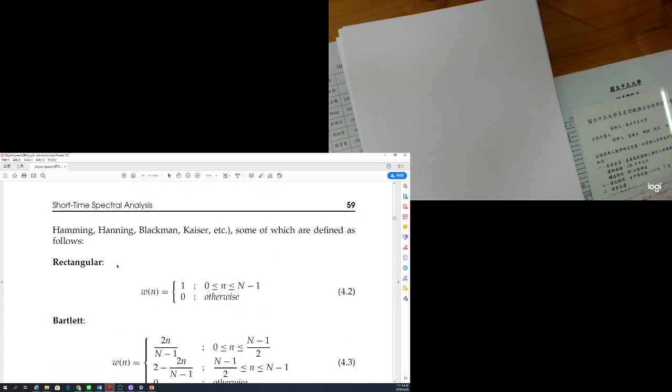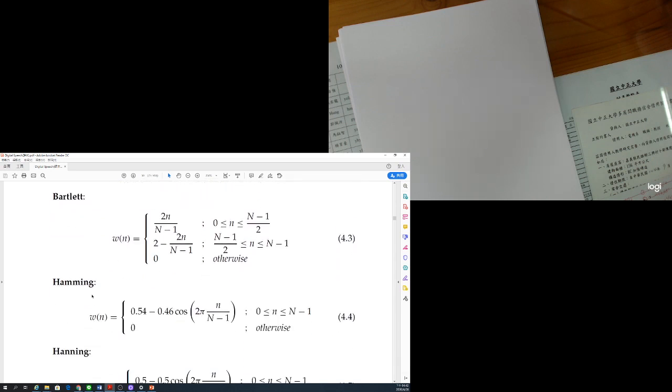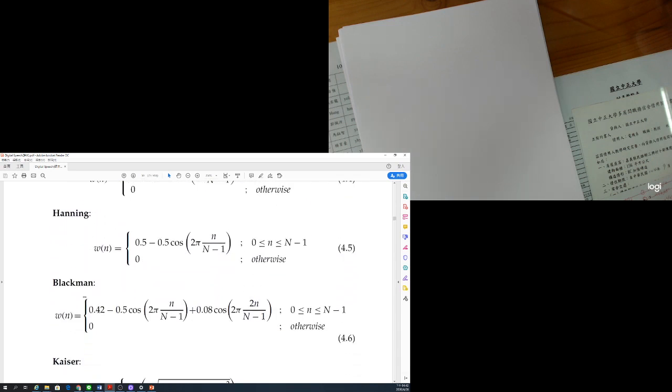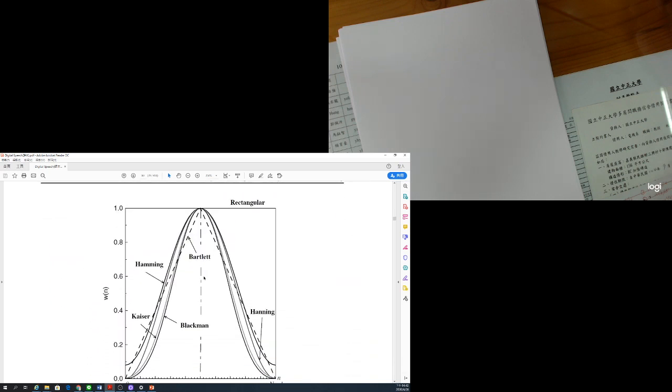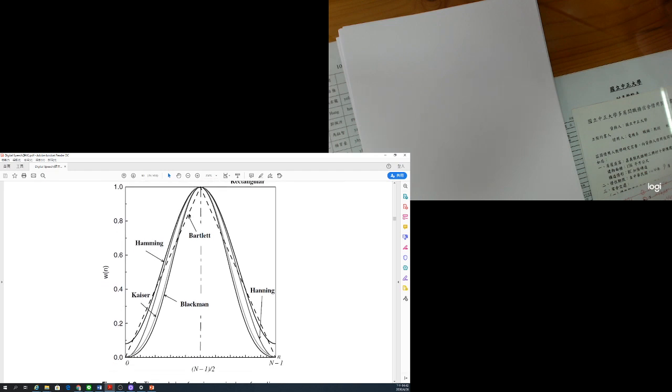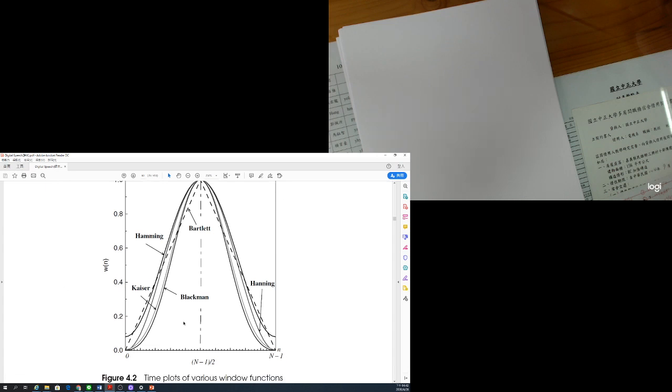So you can see there are many windows, like the rectangular, Bartlett, Hamming, and Hanning windows. We are trying to find the best windowing. You can see their time domain waveforms. The rectangular window zeroes out everything outside the window and keeps everything inside the window.